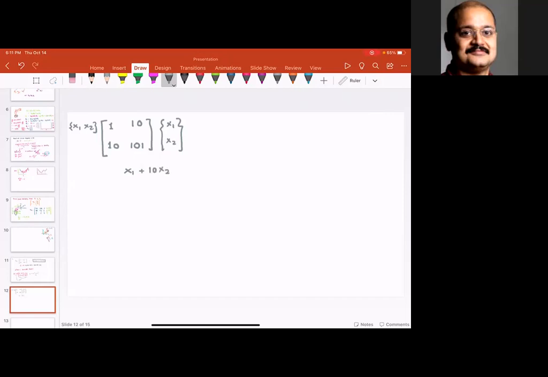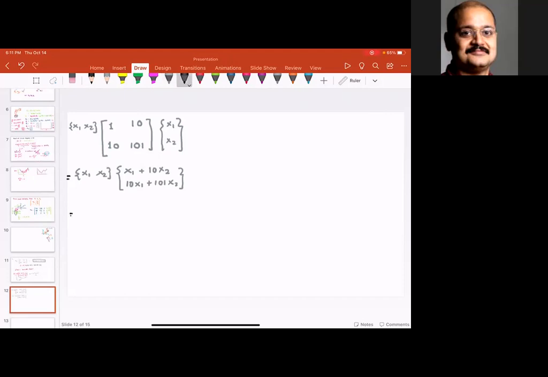Second row, first column is going to give me 10 times x1 plus 101 times x2. This guy needs to be multiplied with x1, x2. Does everyone understand matrix multiplication here?